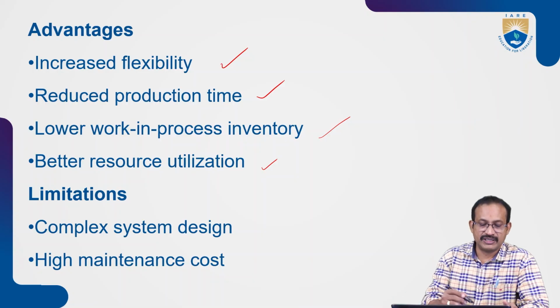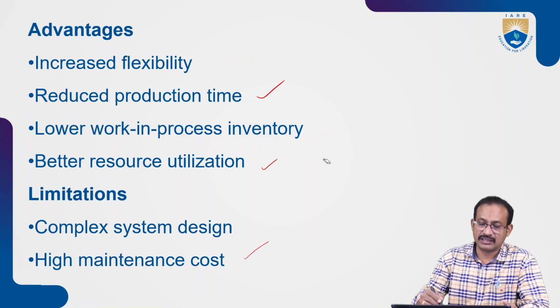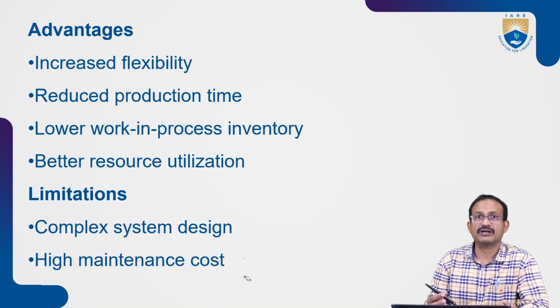When we discuss limitations: complex system design, why? Because this is system level, so that's why complex system design. And high maintenance cost. Obviously many system features are included in this, so there is difficulty and it is somewhat cumbersome in maintenance.